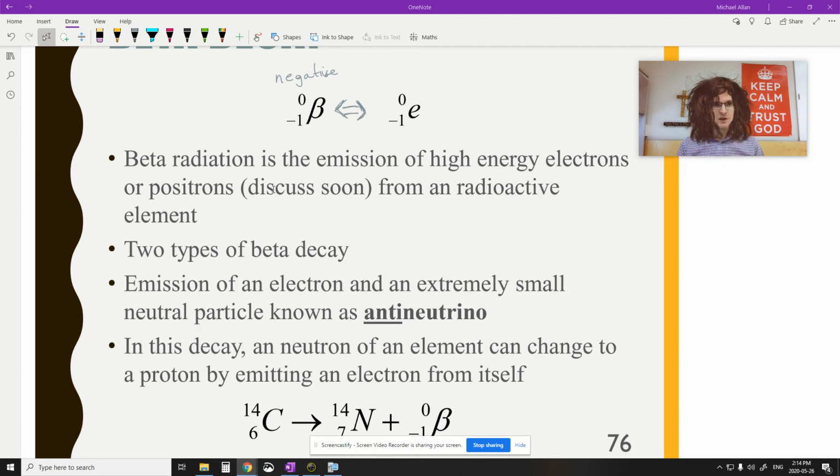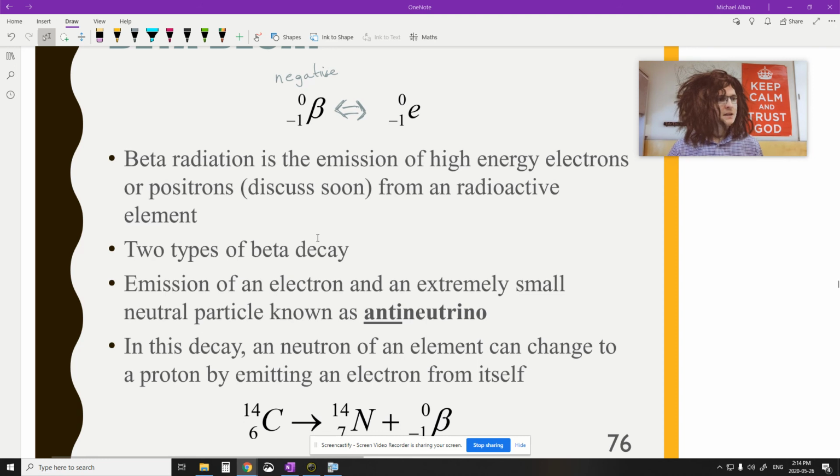Much more penetrating power, much smaller, much faster, it can pass through much more expansive parts of air and water before it actually hits something and causes damage. So if you ingest it, most likely it'll leave your body before it hits anything, but it can pass through your clothing, probably enter your body and hit something, more likely than alpha decay.